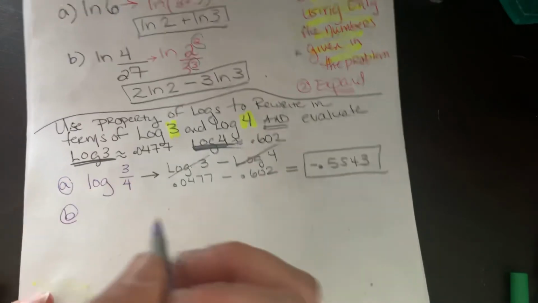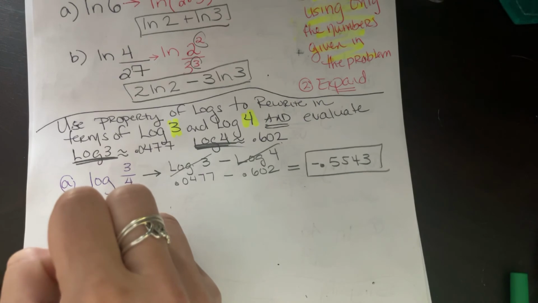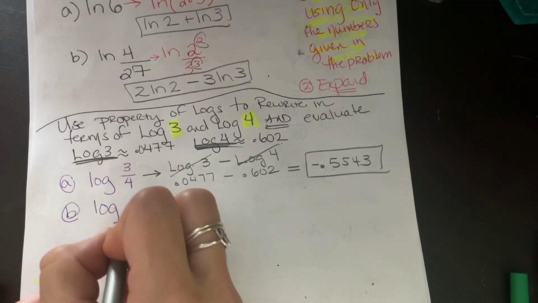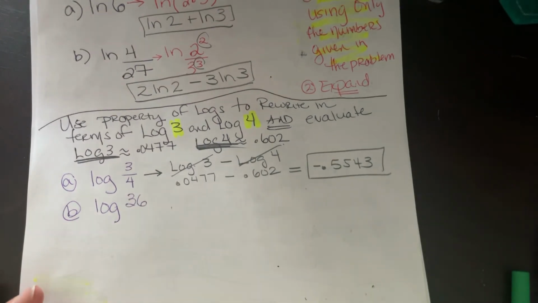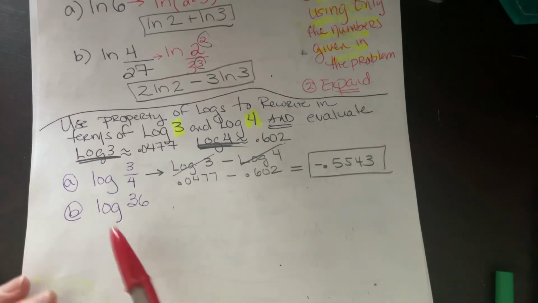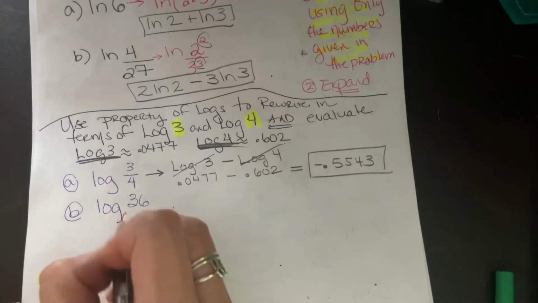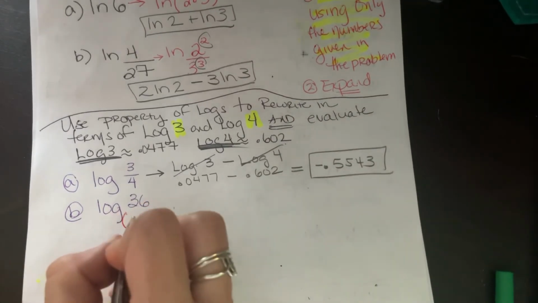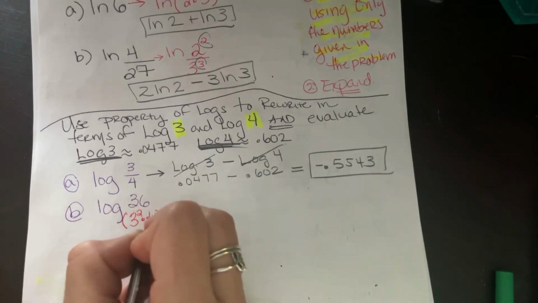We're going to do 2 more and you guys should be okay. Log 36. This one requires you to probably think. What can I do to get to 36? Hopefully maybe you say 9 times 4, which is 3 squared times 4.